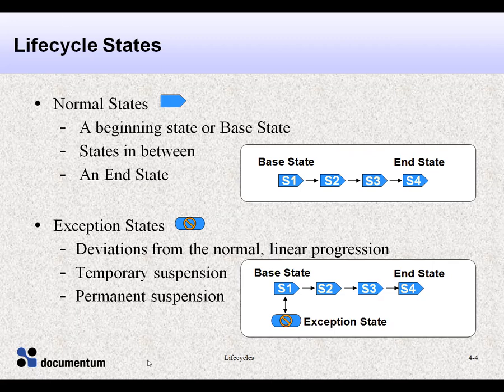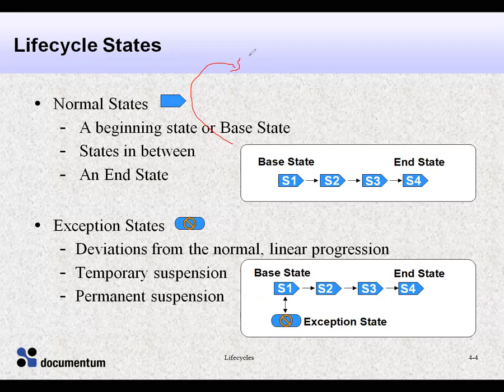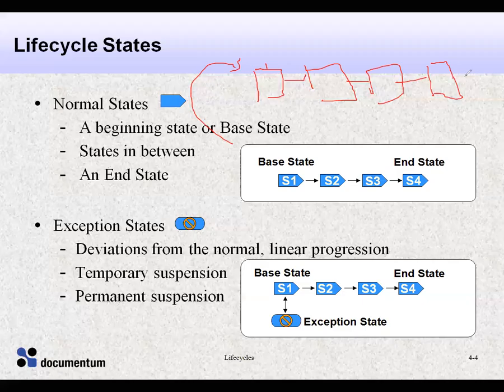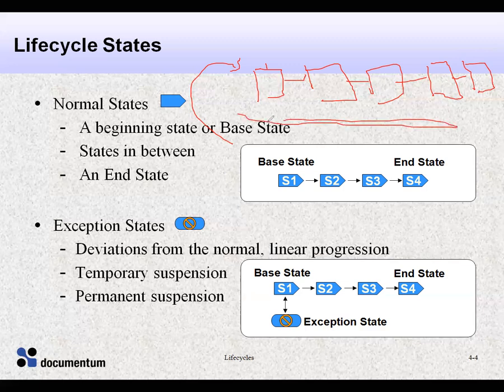If I talk about the pharmaceutical industry, if the document is in a draft state, then it moves to the review state, then the approval state, then the effective state, and after that the superseded state. So that is how the document will move.